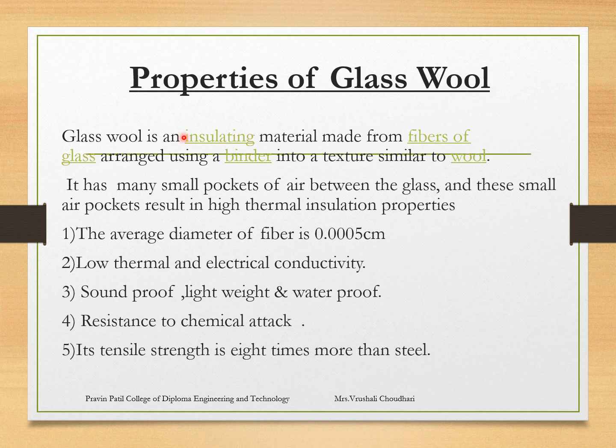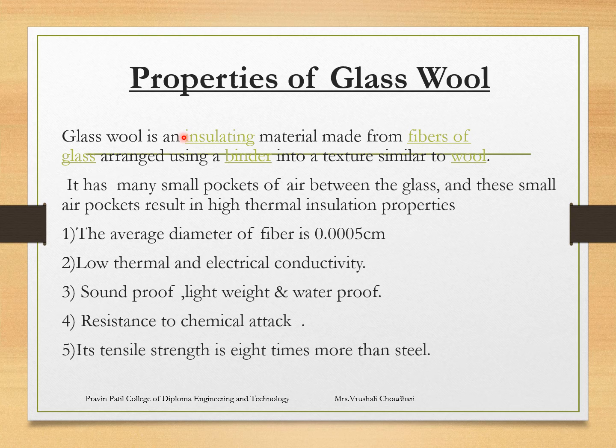Glass wool is an insulating material made from the fibers of glass, arranged with a binder into a texture similar to wool. It has very small pockets of air between the glass, and these small air pockets result in high thermal insulation properties.